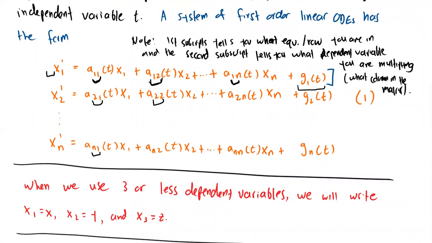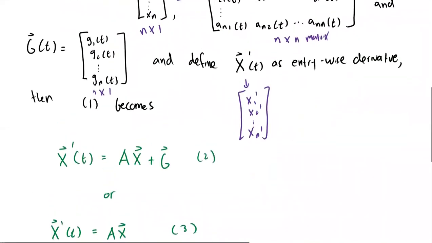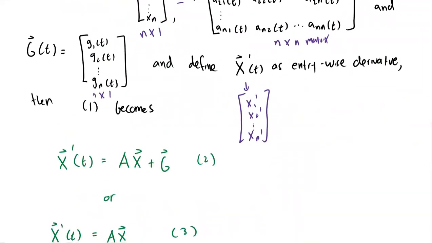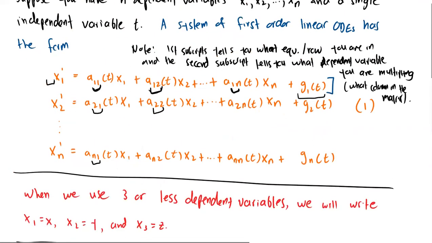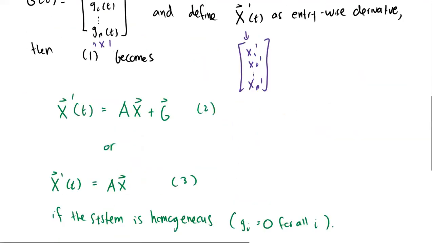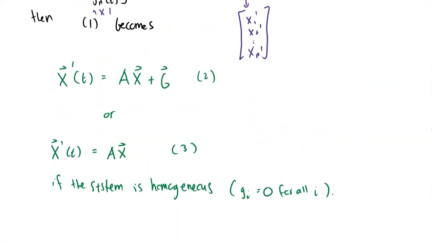Instead of writing it in this long form, we can just write it as x prime of t equals A times x plus g, in the case that we have a non-homogeneous system of equations, which in this case we do, because we have things that are not being multiplied by the derivatives of the dependent variables. In the case that all of the g sub i's are 0, we would have a homogeneous system, in which case we could rewrite it as just x prime equals A times x.